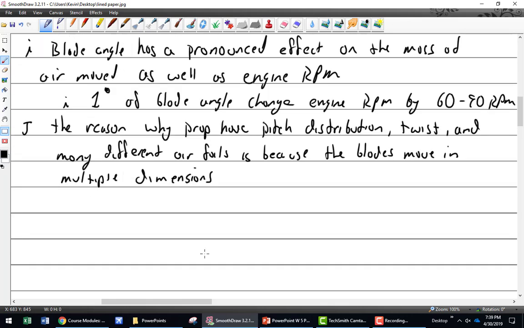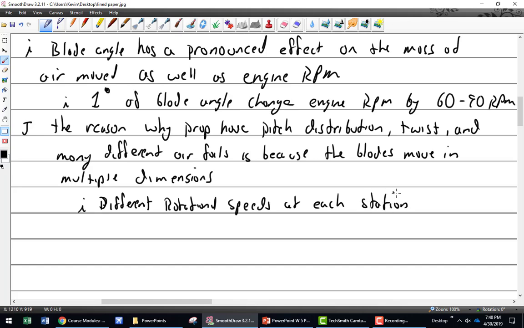So what do I mean by that? Well, multiple dimensions. First of all, we have different rotational speeds at each station.